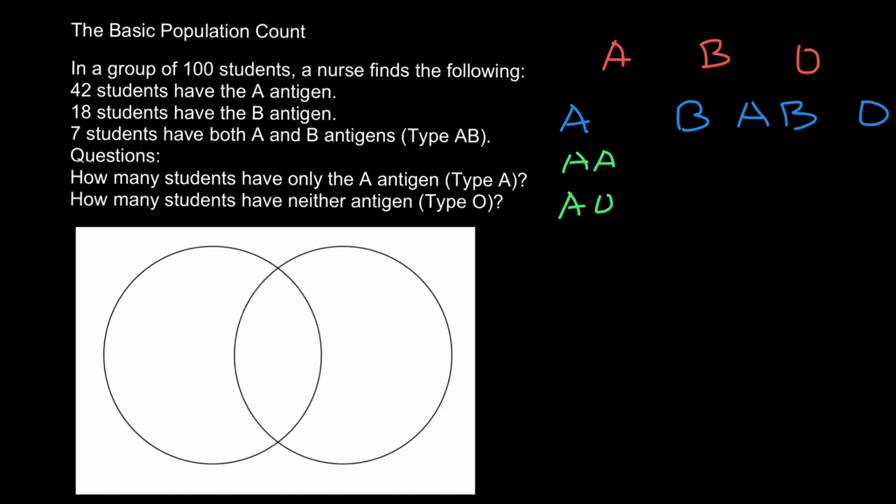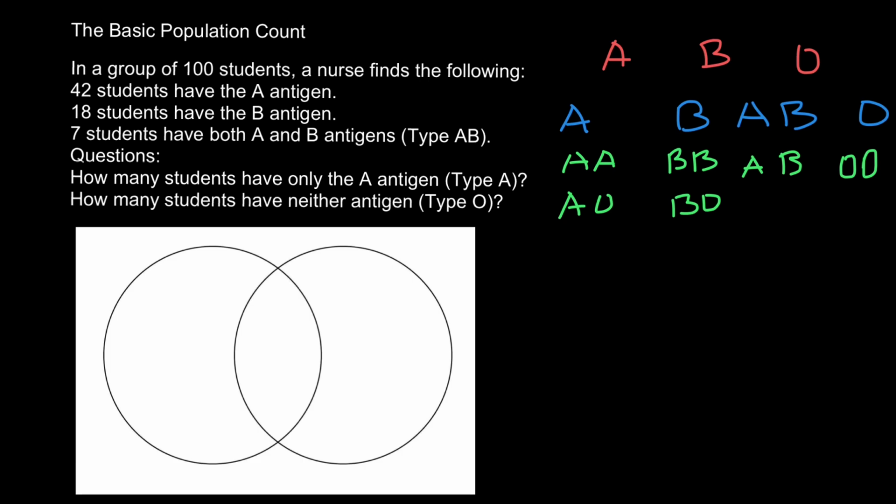Blood group B is also made by two genotypes, BB and BO. Blood group AB is made by only one genotype, AB, and blood group O is also made of one genotype, OO.